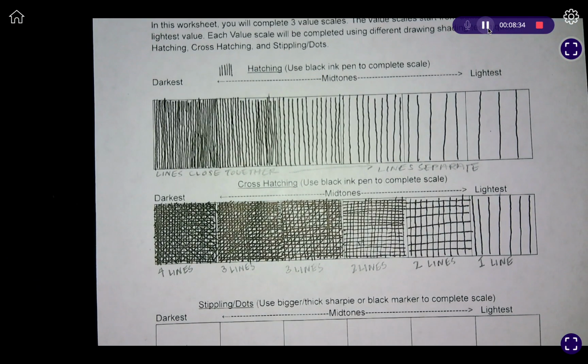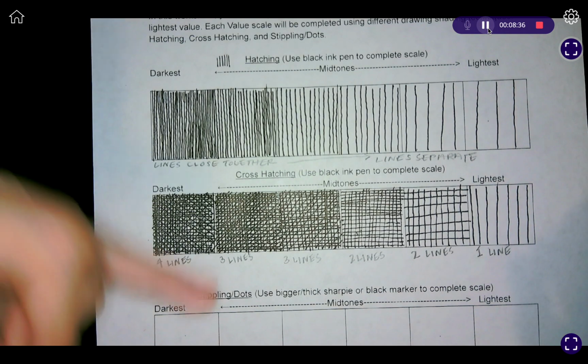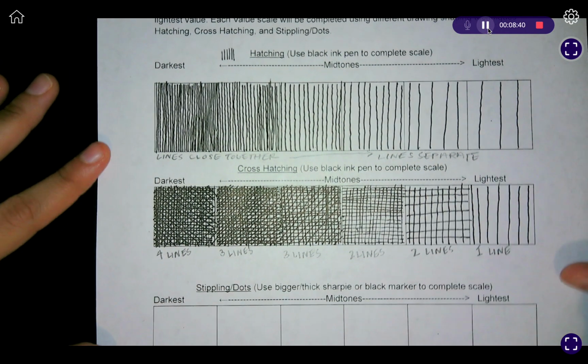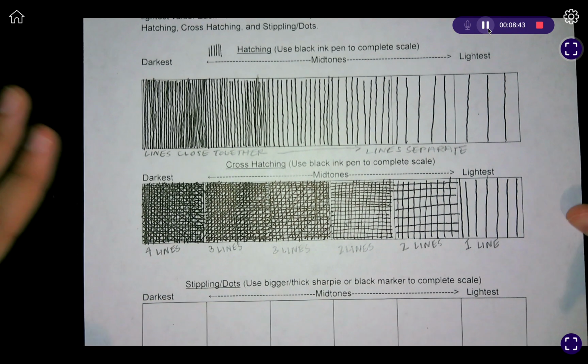So now that one is the darkest. So this one has a total of 4 directional lines. This one has 3 directional, 3, 2, and 2. So we go from darkest to lightest.